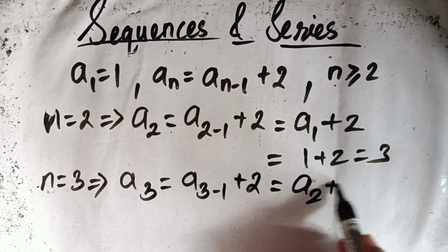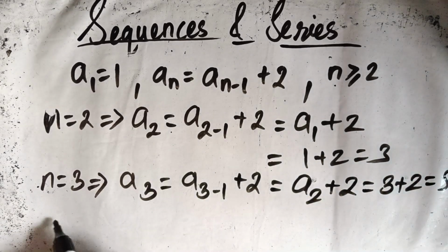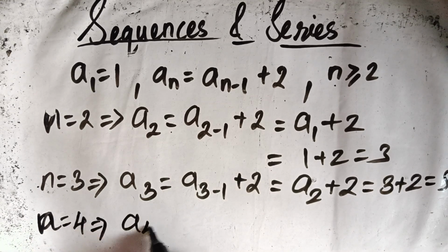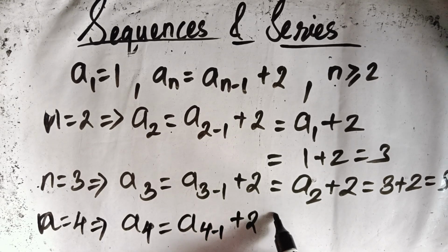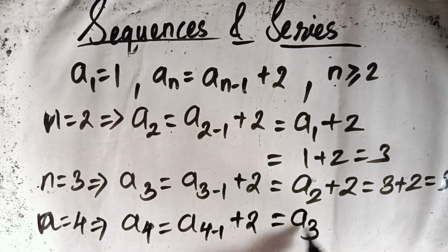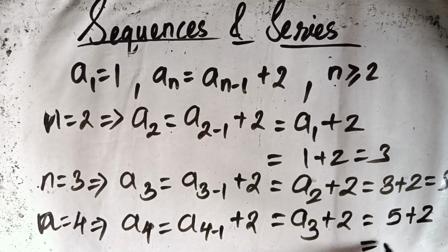So a2 plus 2, a2 is 3, 3 plus 2 is 5. Then n equal to 4, a4, 4 minus 1 plus 2. So a3 plus 2, a3 is 5, 7. Okay, and next term will be 7 plus 2, which is 9.